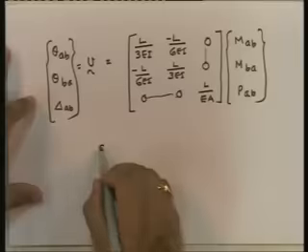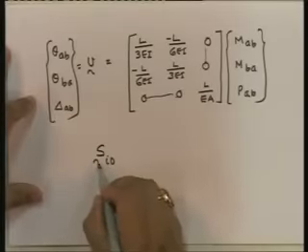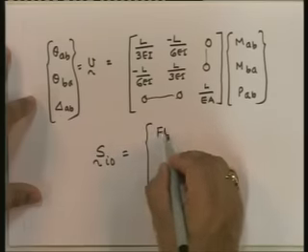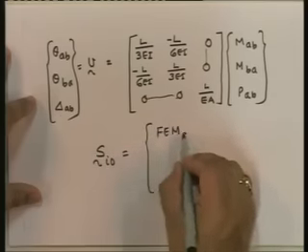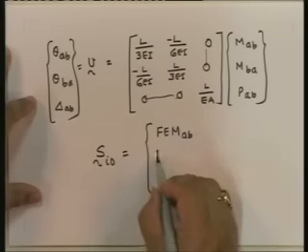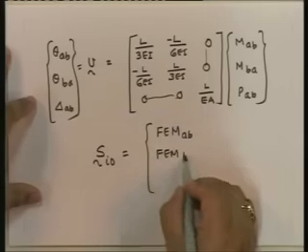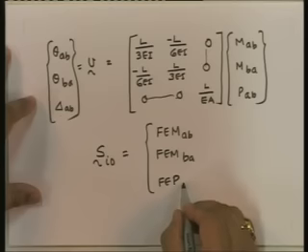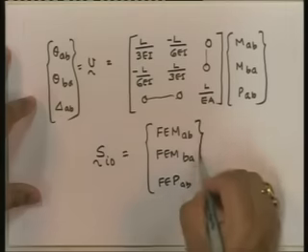Okay, but this in a sense is what happens, and then of course you have to find out S I 0, which are essentially the fixed end moment at AB, the fixed end moment at BA, and the fixed end axial force in AB.